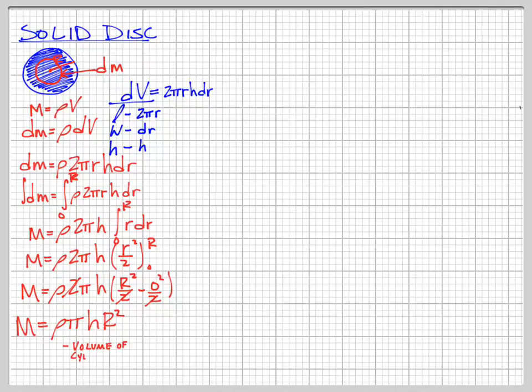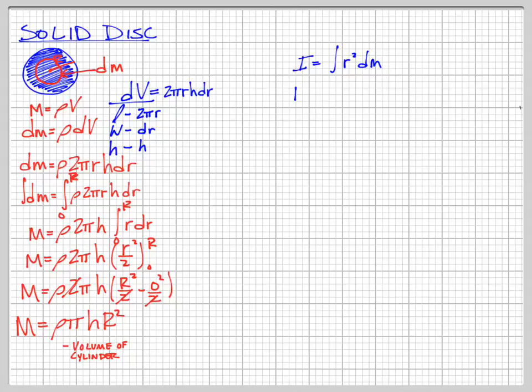Probably didn't even have to go through all of that, but I kind of want you used to seeing this integral. So now that we have the mass, we're going to start looking at the moment of inertia. We're always going to start with the integral of r squared dm. We already know what our dm is.